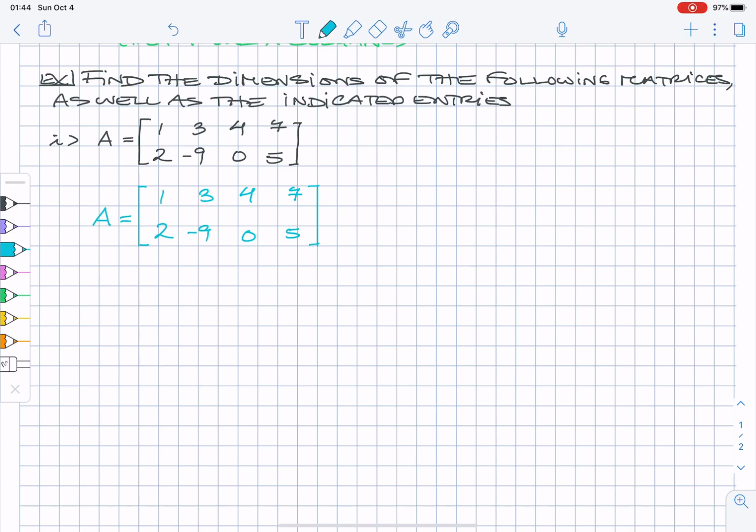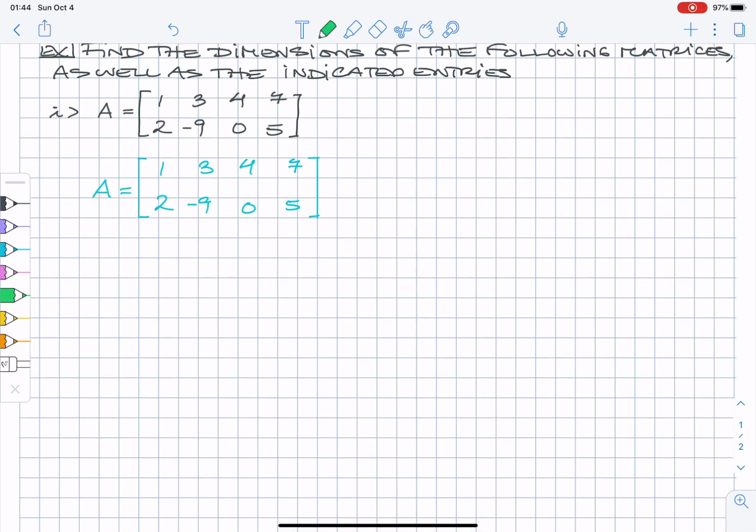So I want to know the dimensions. So the dimensions are rows by columns. So that's going to be 2 rows by 4 columns. So this is the dimension.